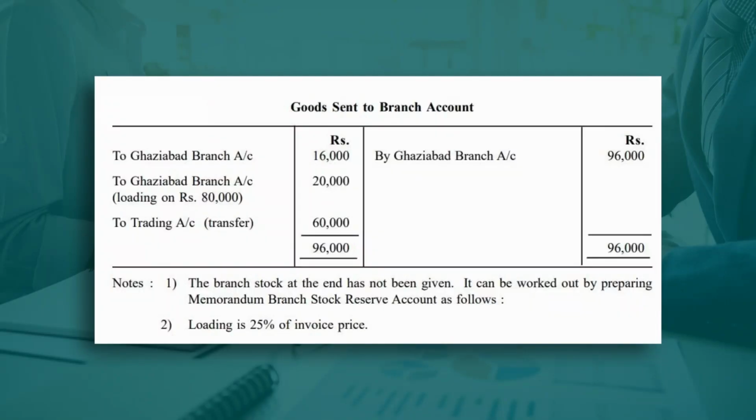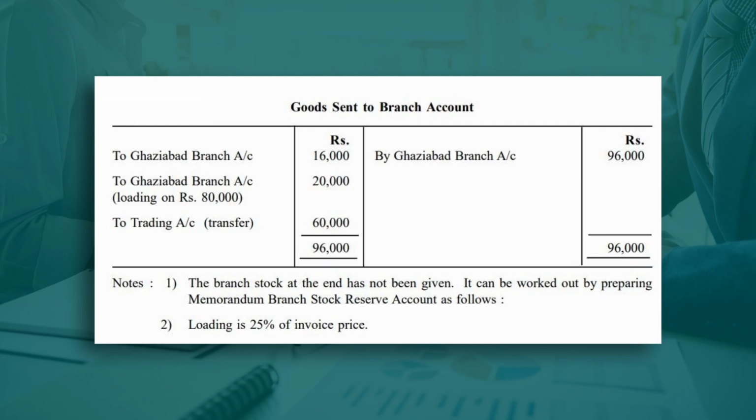Yes, goods sent to branch account. So, by Ghaziabad branch 96,000, it is given in the question that goods have been sent by the head office to Ghaziabad branch 96,000. Out of 96,000, goods worth rupees 16,000 were returned by the Ghaziabad branch. So, goods returned 16,000. Here to Ghaziabad branch account loading on 80,000.